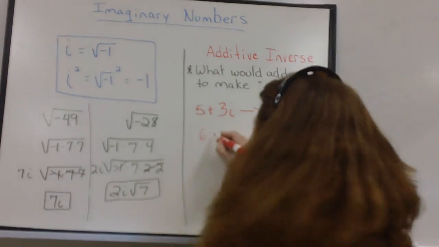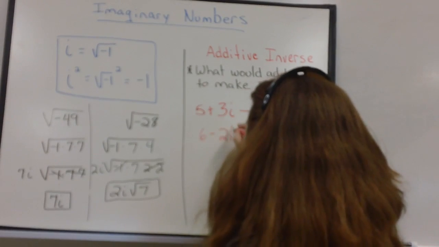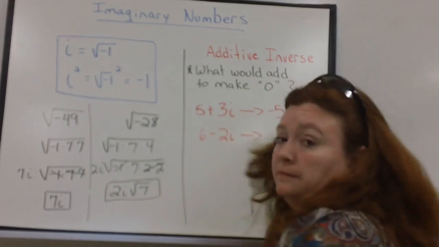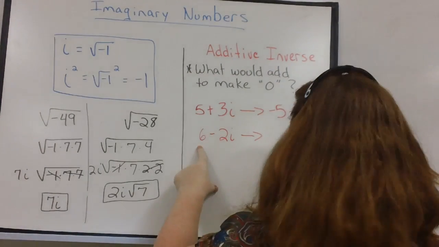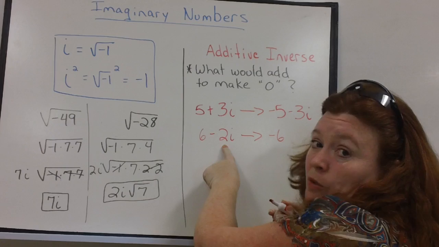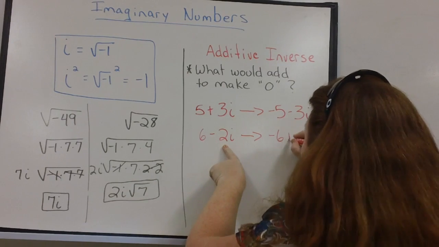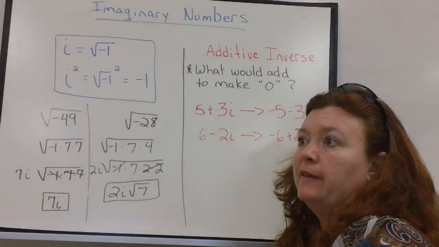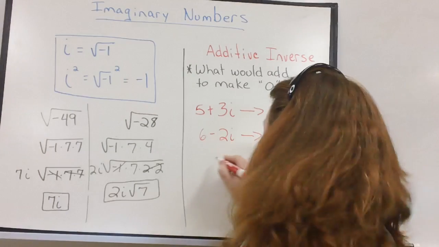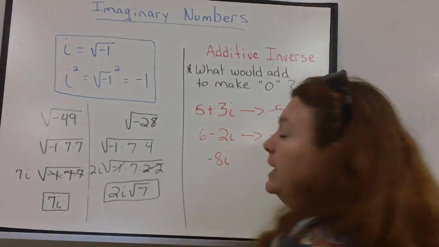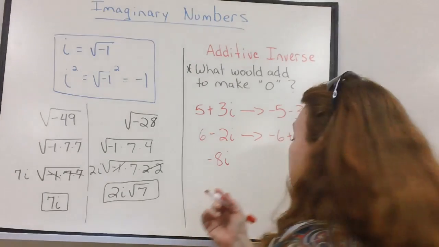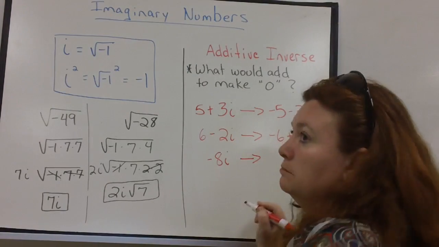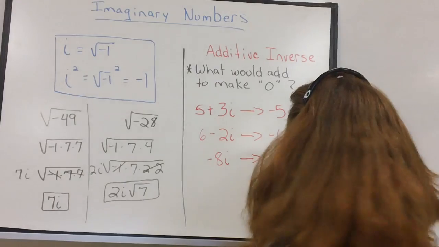Okay, what about, pardon me, 6 minus 2i? Well, what would add to 6? -6. What would add to a -2i? A positive 2i. What about if I did something like -8i? What would add to that to give me 0? Positive 8i.